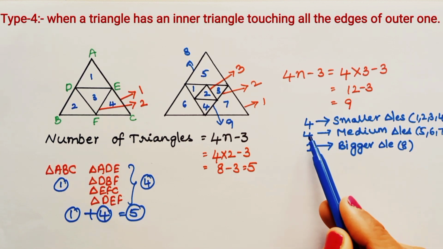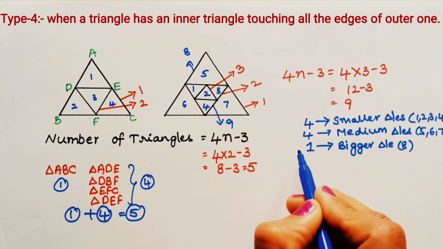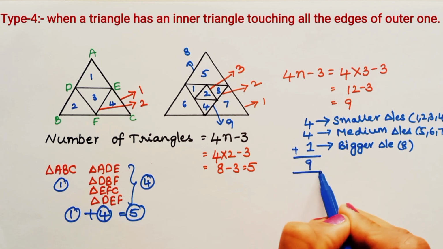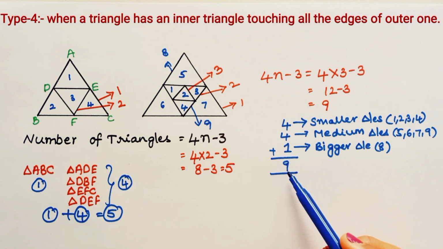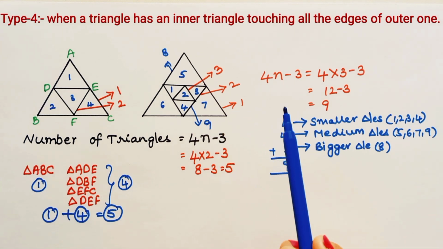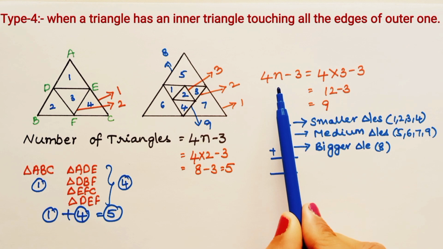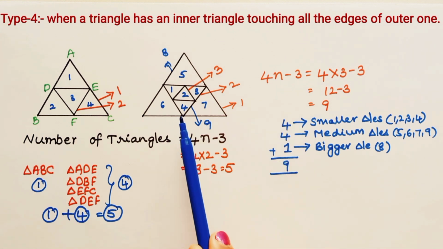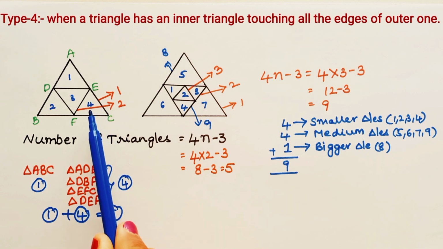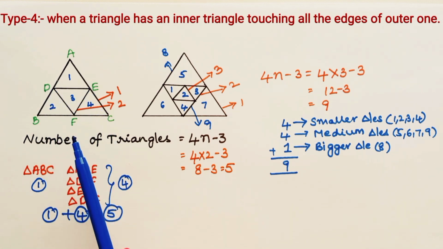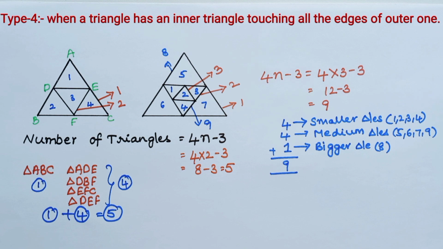So totally 4 plus 4 plus 1. There are 9 triangles present in the given figure. So the formula which we can use to calculate the number of triangles present inside the figure when the triangle has an inner triangle which is touching all the edges of the outer triangle is 4n minus 3.